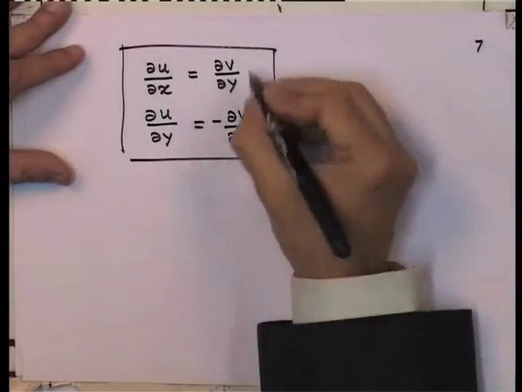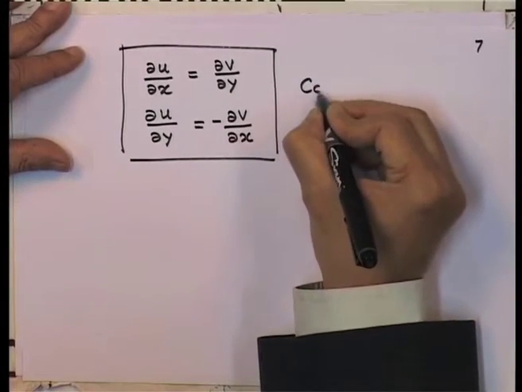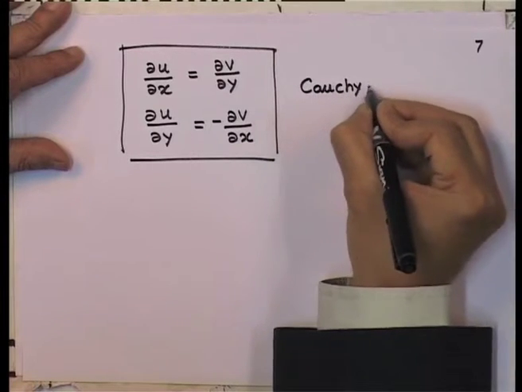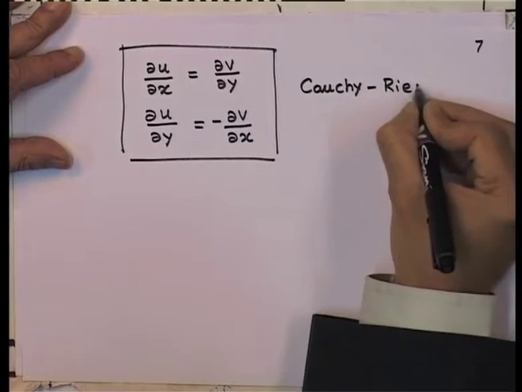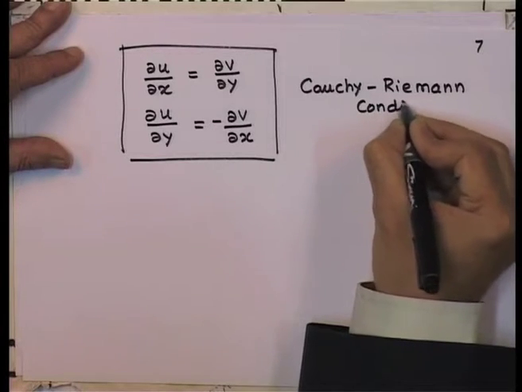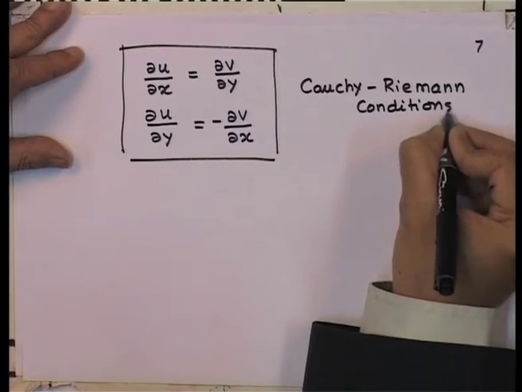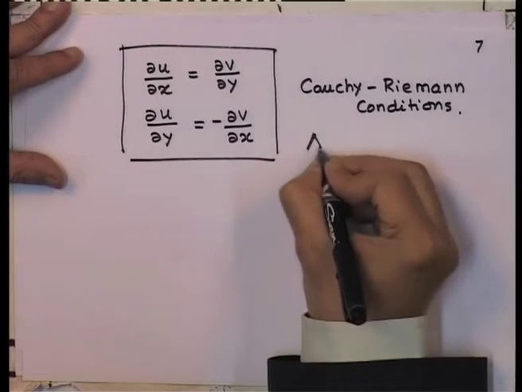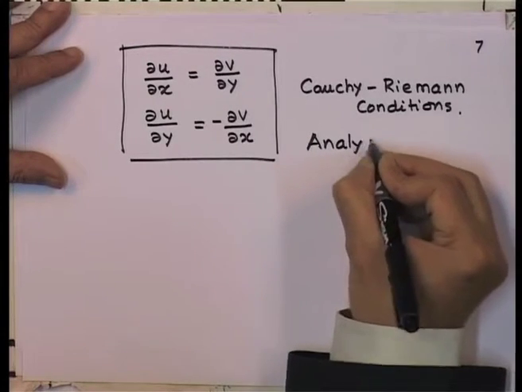Now, these relationships are known as the Cauchy-Riemann conditions. And functions which satisfy the Cauchy-Riemann conditions are known as analytic functions.